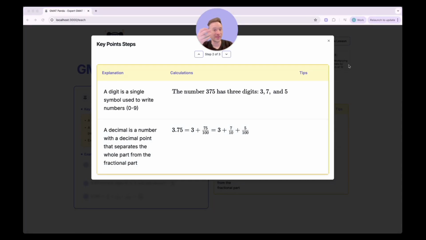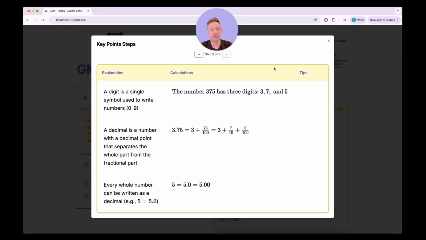So you may be thinking, okay, so a decimal is anything that's not a whole number. Well, that's actually not quite true, because not every decimal is a whole number, but actually every whole number can be expressed as a decimal. For example, 5, which is a whole number, we can also express as 5.0 or 5.00.